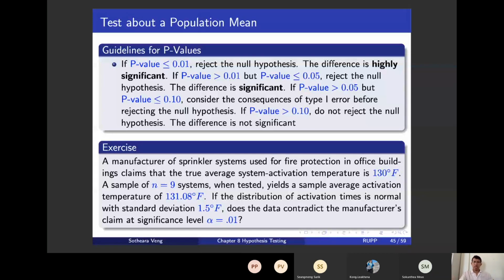But if you reject it, just consider the consequence of the type 1 error, because you may reject it while it is true, and the probability that it is true is very high, 10%. And if the p-value is greater than 0.10, do not reject the null hypothesis. In this case, the difference is not significant.